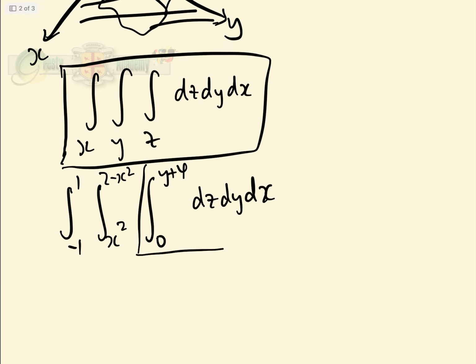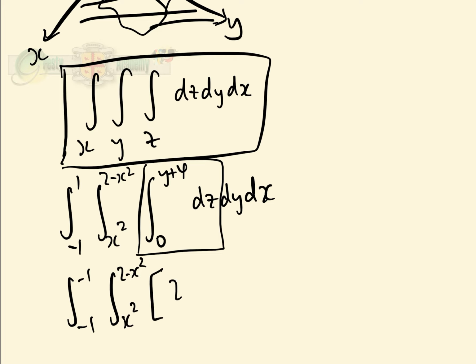Then we integrate the inner of the triple integrals, and that would be equal to the integral between minus 1 and 1, the integral between x squared and 2 minus x squared, and that would be z between y plus 4 and 0, dy, dx.